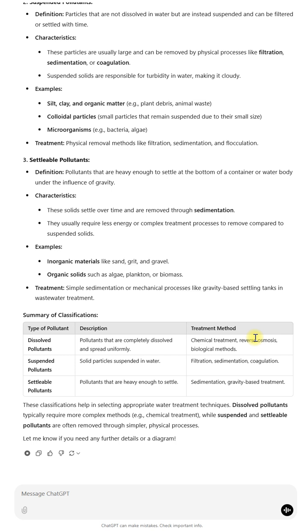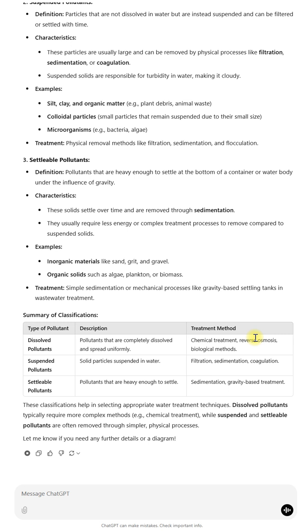Summary of classifications. Type of pollutant, treatment method. Dissolved pollutants: pollutants that are completely dissolved and spread uniformly. Treatment: chemical treatment, reverse osmosis, biological methods. Suspended pollutants: solid particles suspended in water. Treatment: filtration, sedimentation, coagulation.